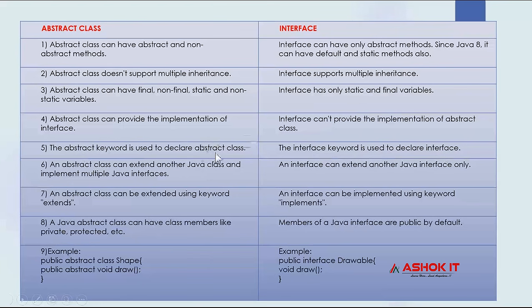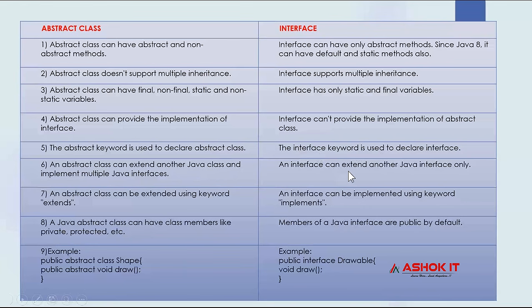Whenever we use an abstract class, we declare it as abstract. And whenever we create an interface, the interface keyword is used, followed by the interface name. An abstract class can extend another Java class and implement multiple interfaces also.